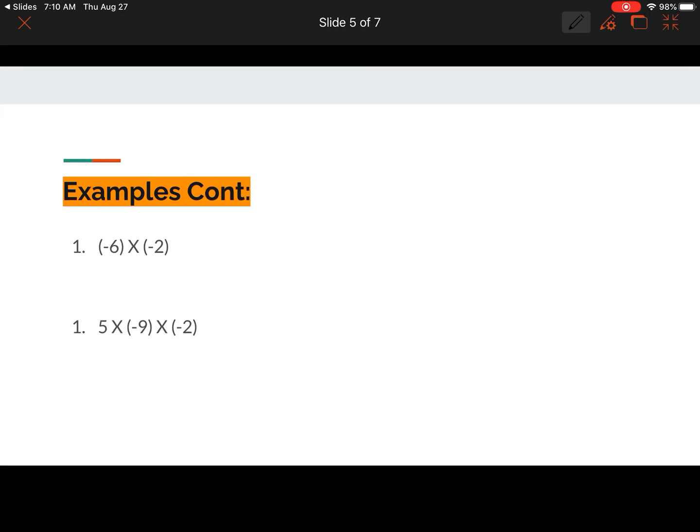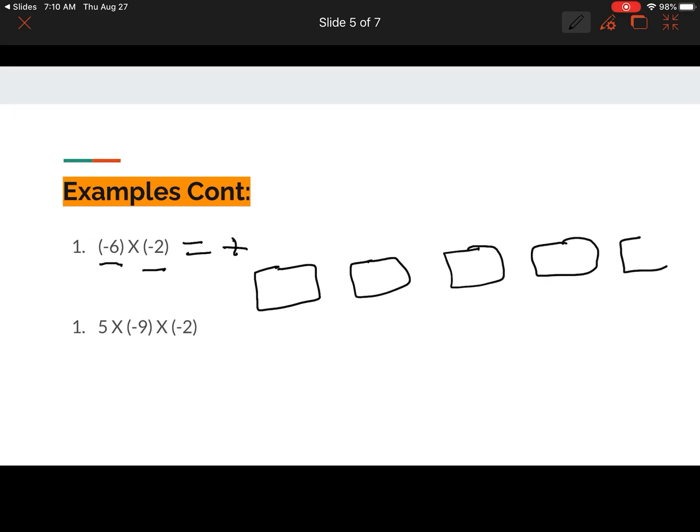All right, so let's look at some more examples here. For starters, negative 6 times negative 2. Let's notice we have two negative signs, so our answer is going to be positive. We could look at this using our groups. Let's make this up again. So we're going to have 6 groups of negative 2.